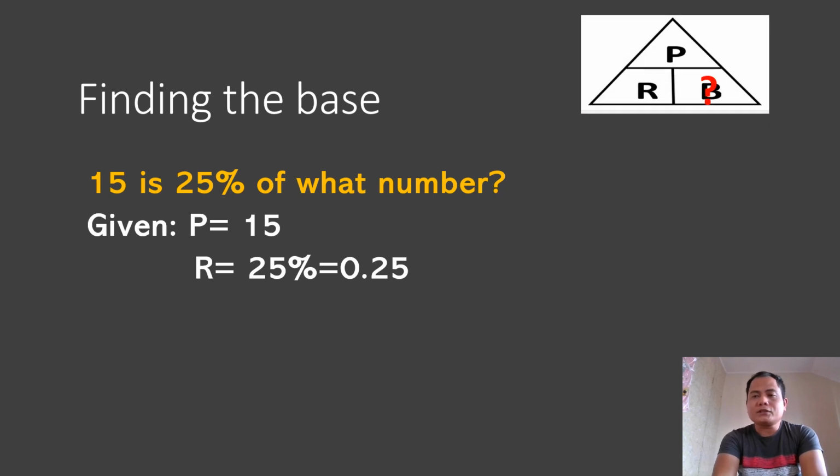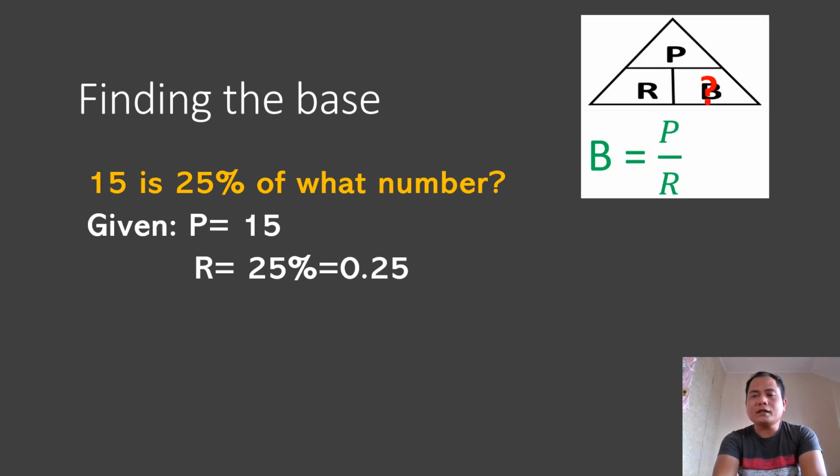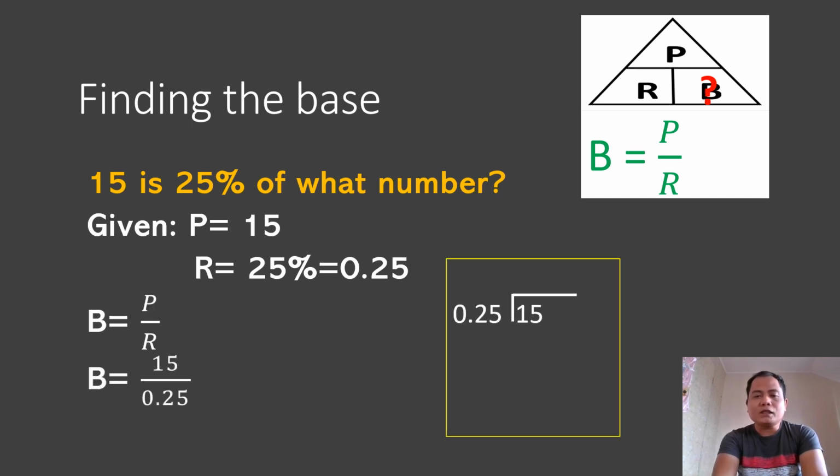Looking at the magic triangle again, our formula is base is equivalent to P divided by R. So 15 divided by 0.25. As we all know, in dividing decimals, if the divisor has decimals, we will change it first into a whole number.